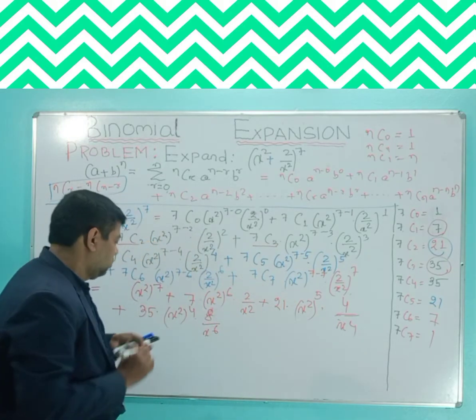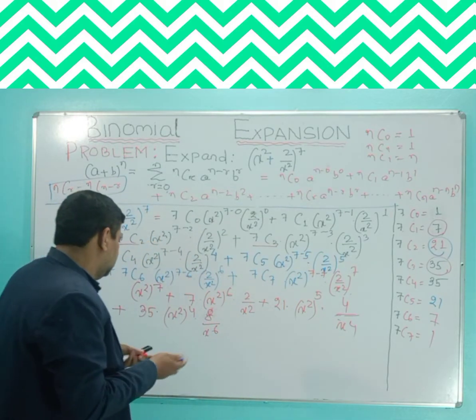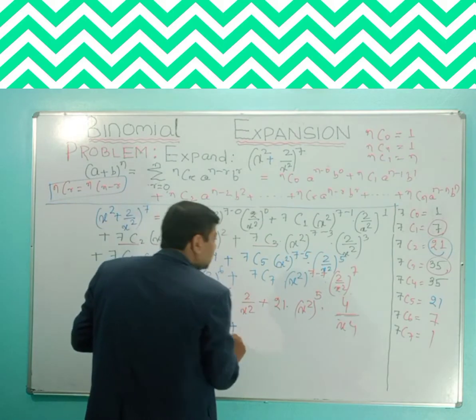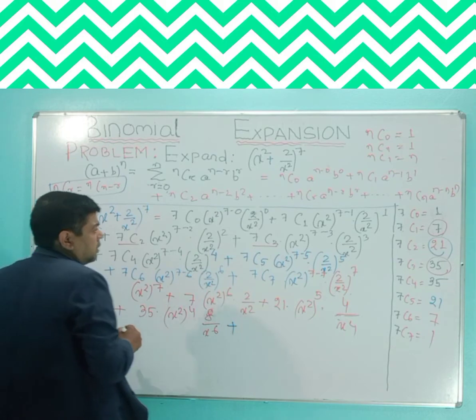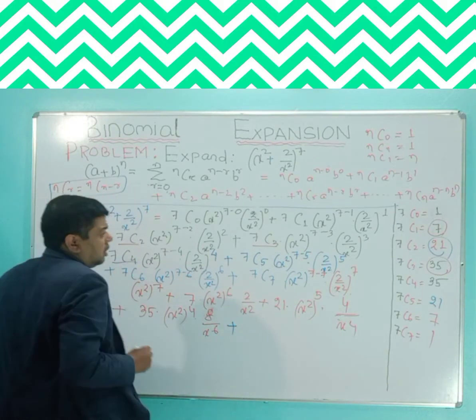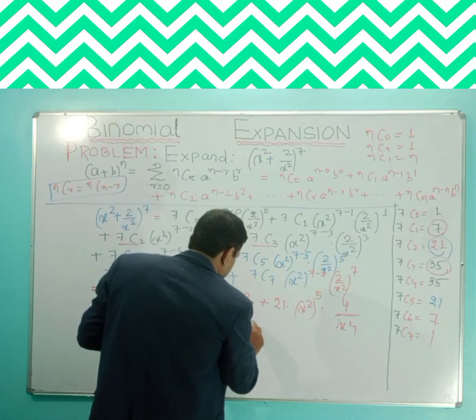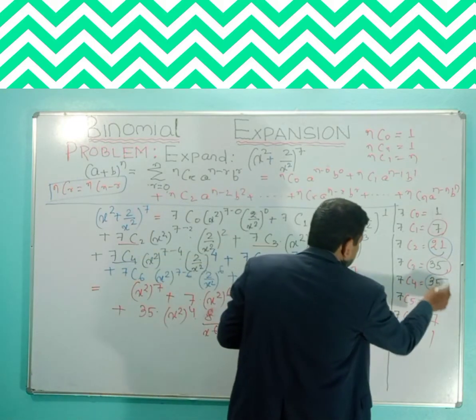Okay, understand? Then plus 7c4, you see the value of 7c4 is also 35. Look at 7c4, it is also 35.